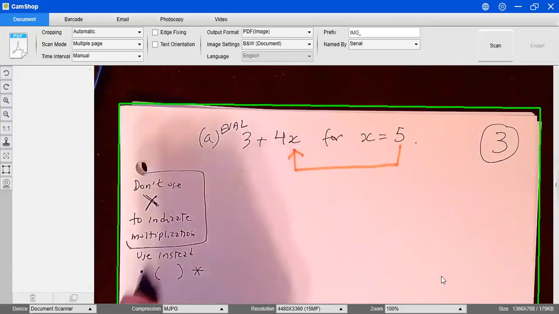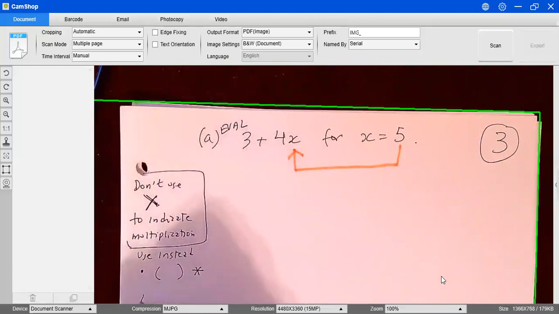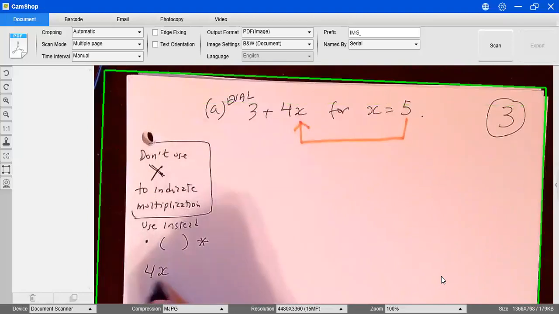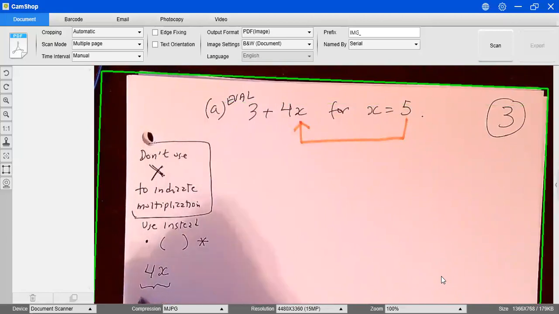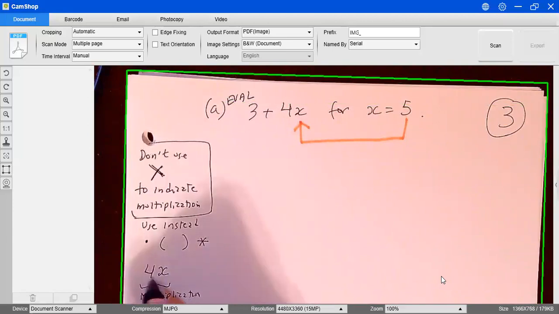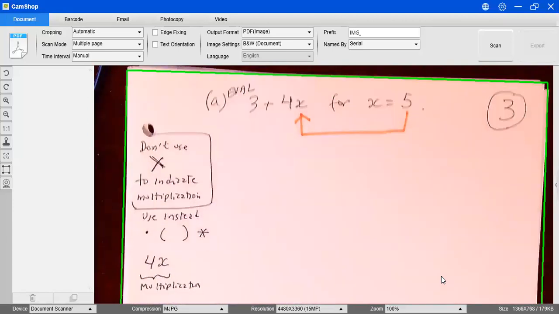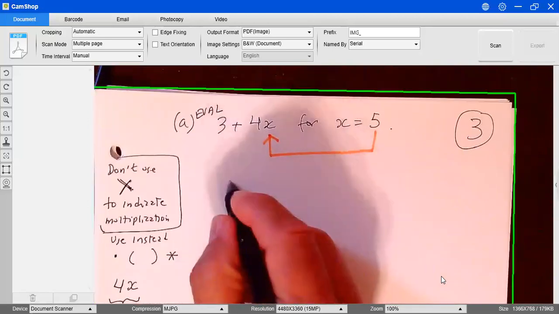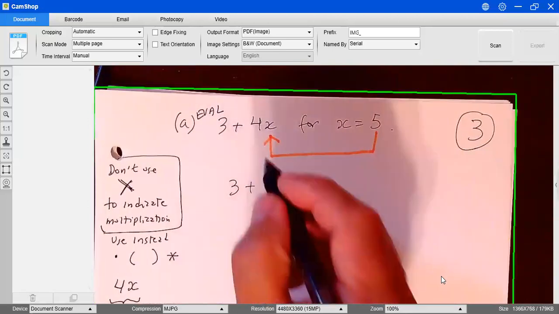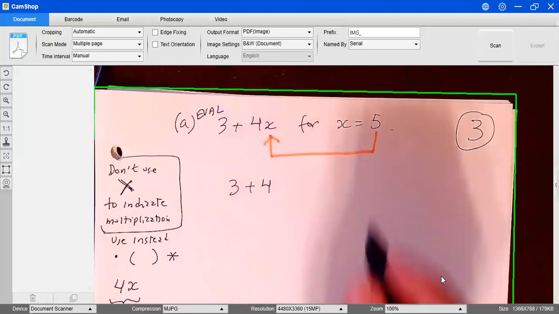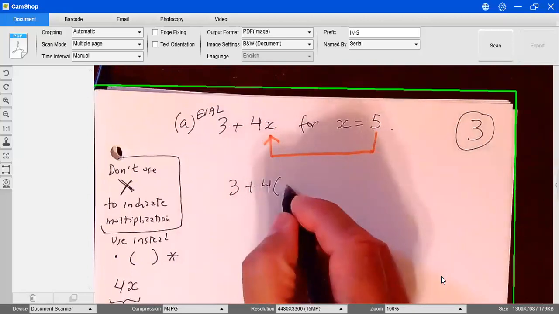Also, when you have a number and a variable together, just by this proximity, that indicates multiplication. In this case, 4 is multiplying x. So let's continue with our problem. I have 3 plus 4 multiplies x, but x is going to be 5.